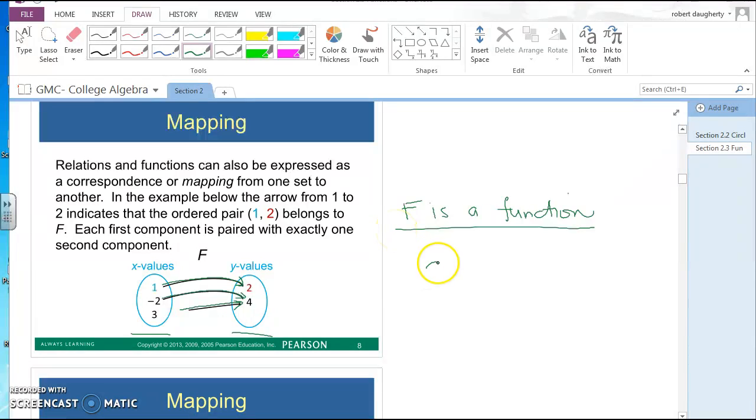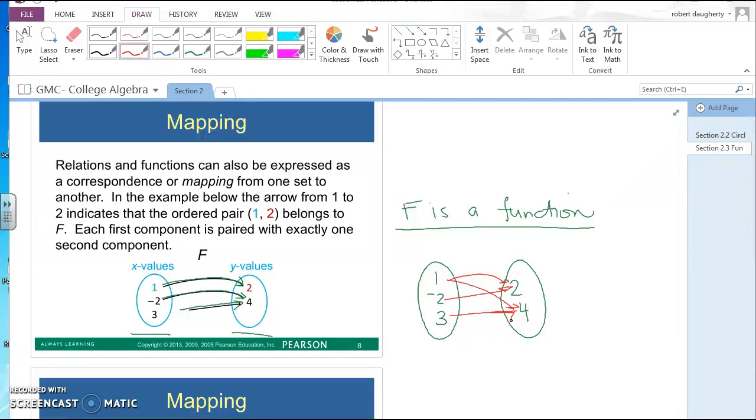Now, what would this look like if it weren't a function? Let's just say, for example, 1, -2, 3. What if we had something like this? What you see here is that the value of 1 is mapped to 2 different y values.